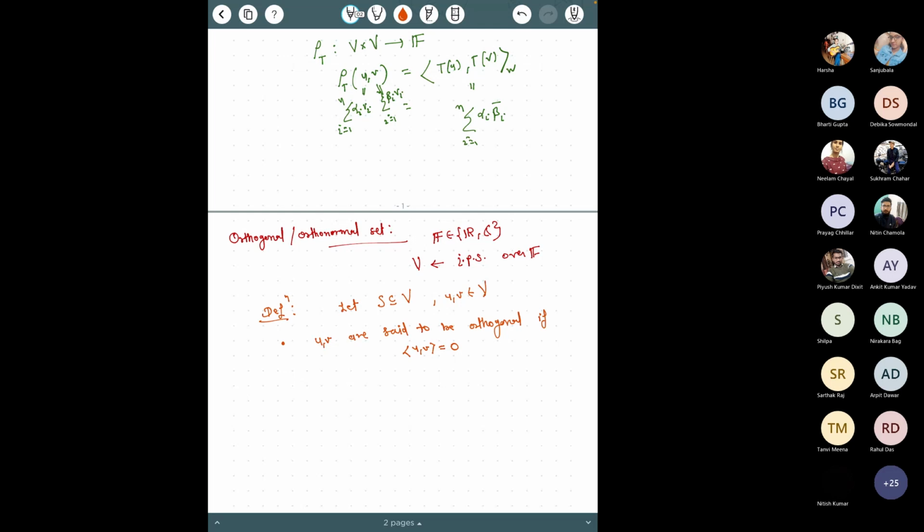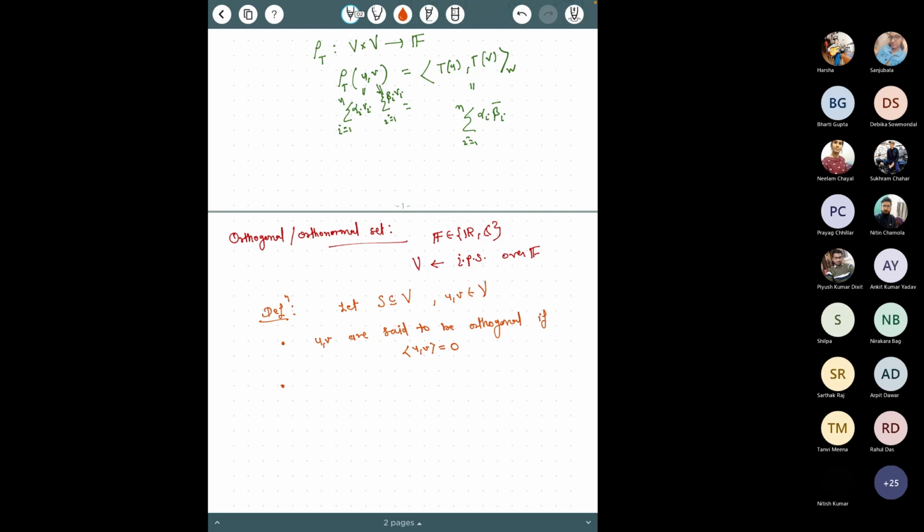Now you know that because of the symmetry, the inner product of U, V is the same as the complex conjugate of the inner product of V, U. So the complex conjugate is also 0. If the complex conjugate of a complex number is 0, the number itself is 0. So the inner product of U, V is 0 if and only if the inner product of V, U is 0; we just interchange U and V. Therefore when U is orthogonal to V, then V is also orthogonal to U. So in particular we say that they are orthogonal.